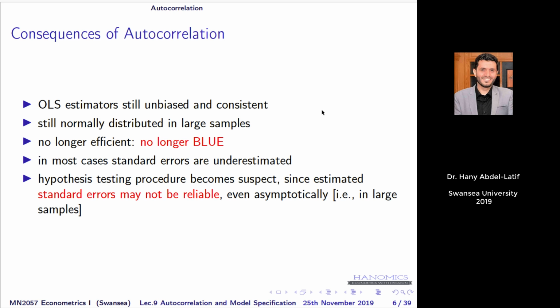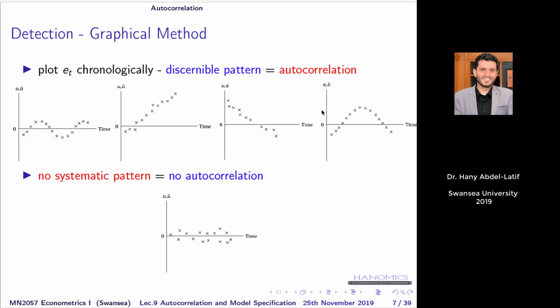So we don't have BLUE anymore, and that's a problem. We lose efficiency. We still have unbiased estimators, but we lose efficiency. And that means your standard errors might not be reliable as well. So these are the problems, or what would happen if we have autocorrelation.